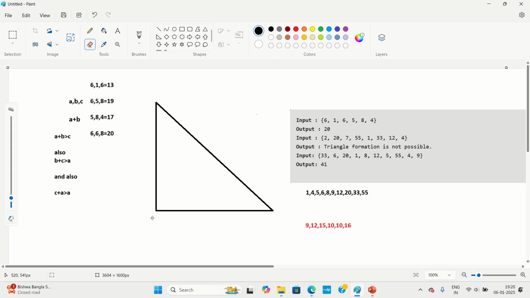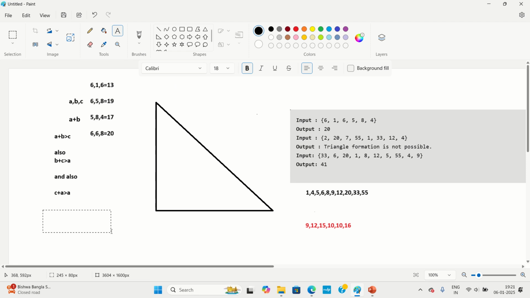See, there should be three sides of a triangle, A, B, C. Now A plus B plus C together will be forming the perimeter of the triangle. So perimeter, we can say it is A plus B plus C. Okay, A plus B plus C will be our perimeter.